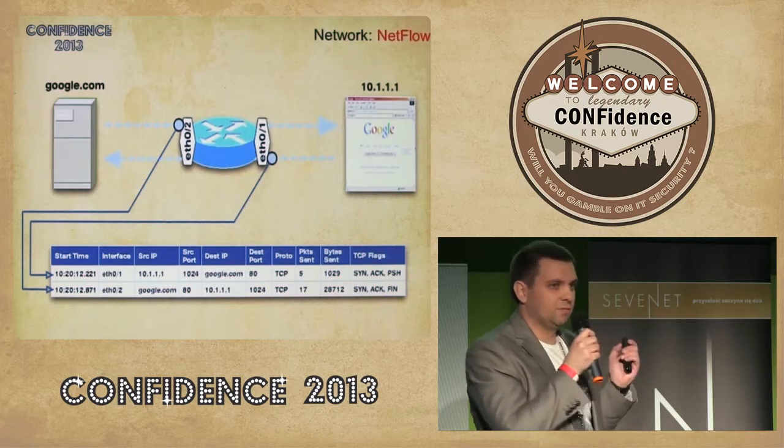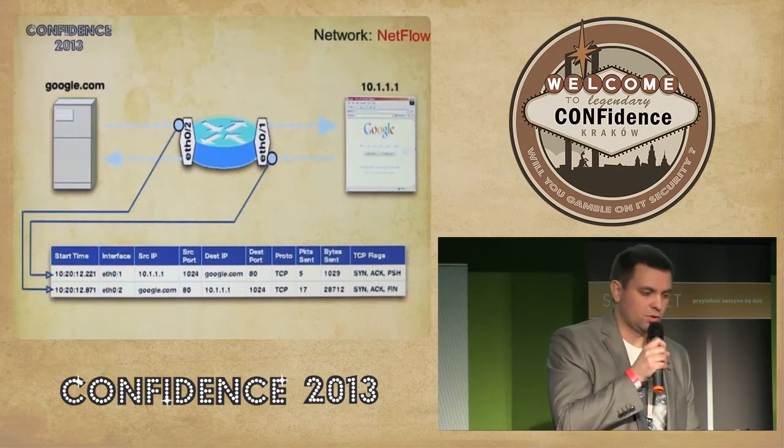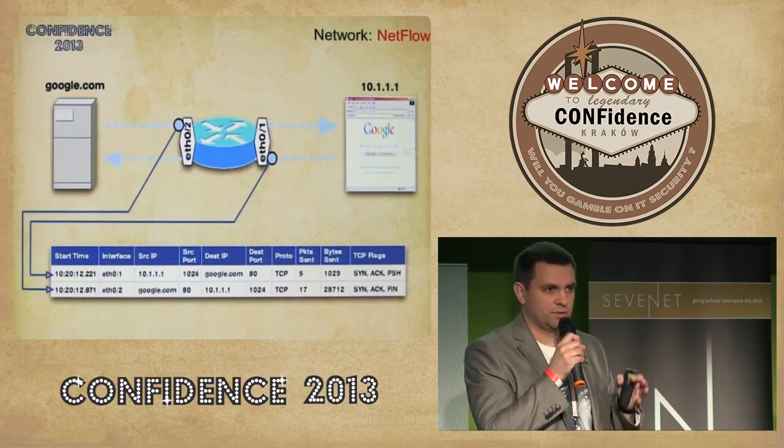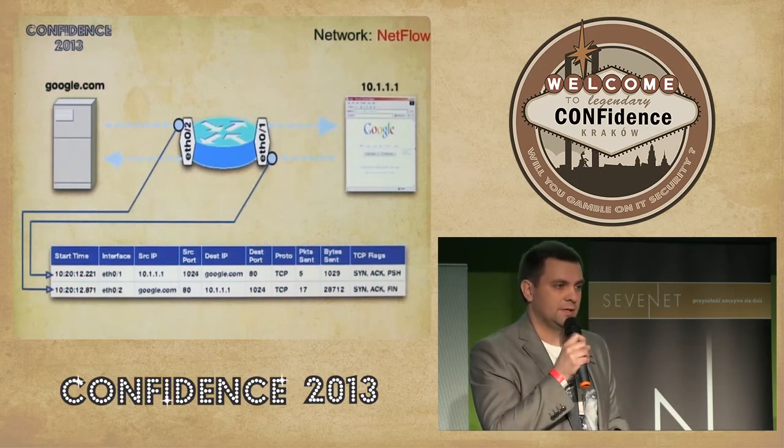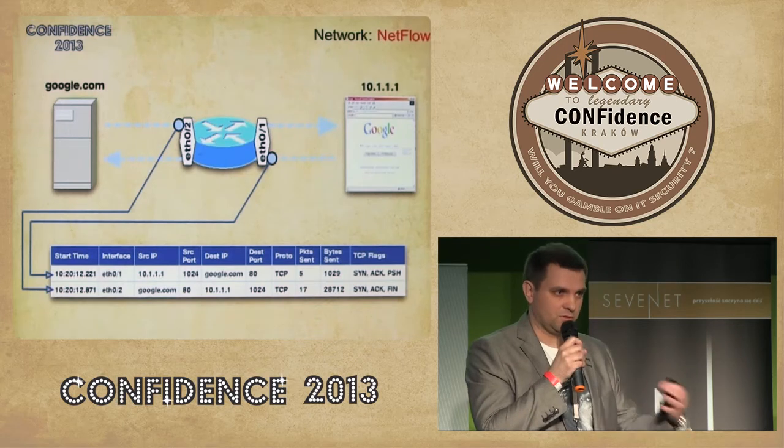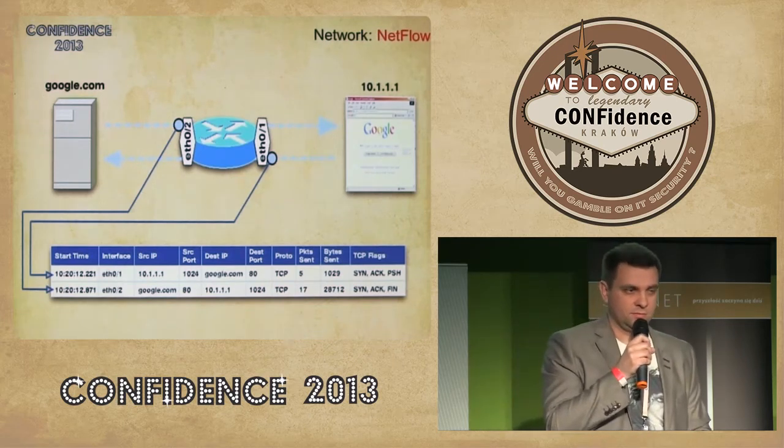So what is NetFlow? NetFlow is the network protocol which you can enable on your network devices. And this protocol can give you some metadata about the flows in your network.